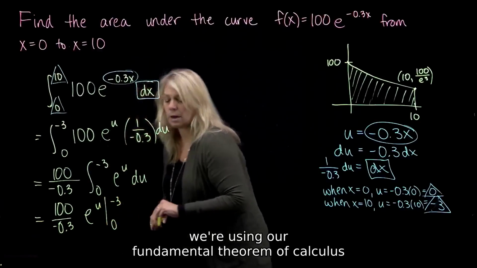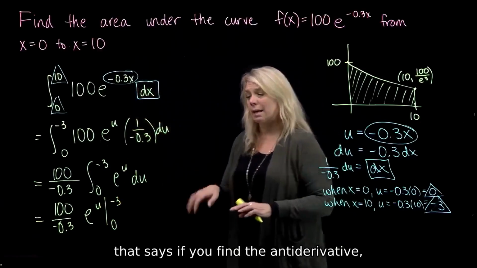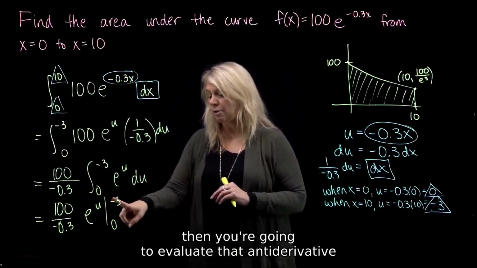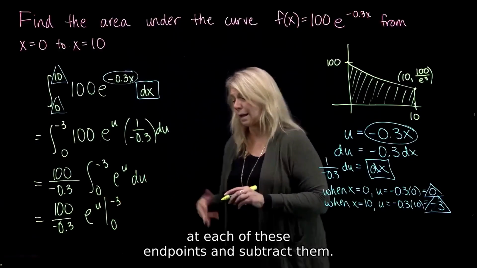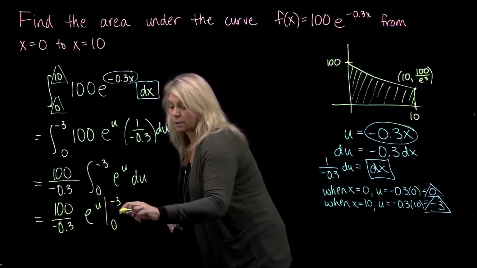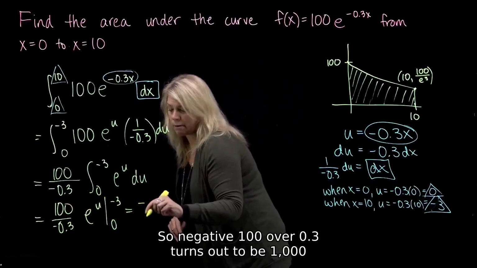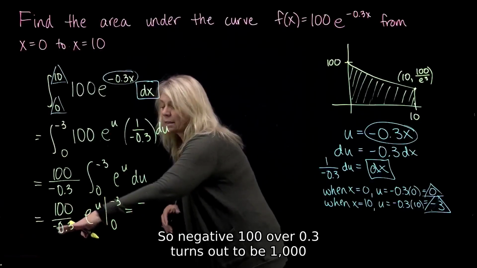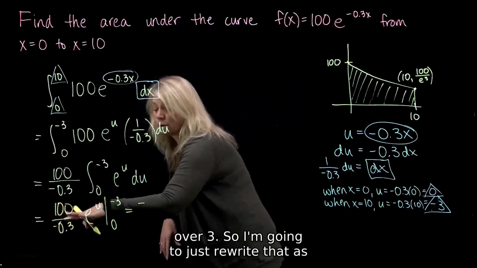So this is where we're using our fundamental theorem of calculus that says if you find the antiderivative, then you're going to evaluate that antiderivative at each of these endpoints and subtract them. So negative 100 over 0.3 turns out to be 1,000 over 3.